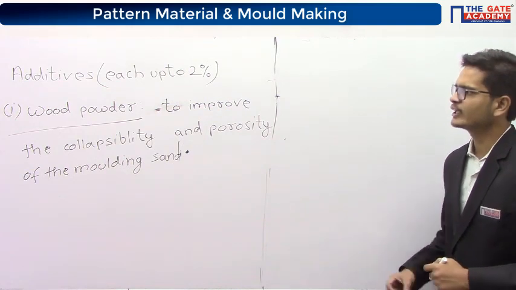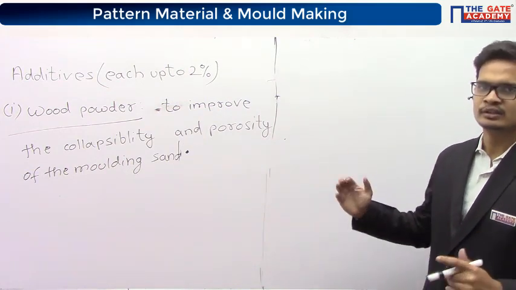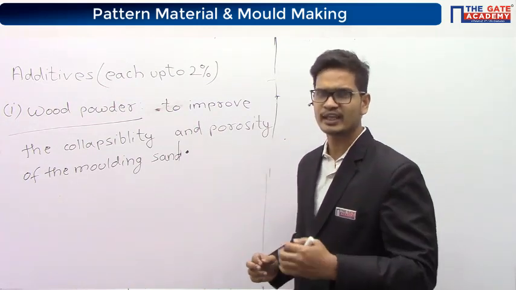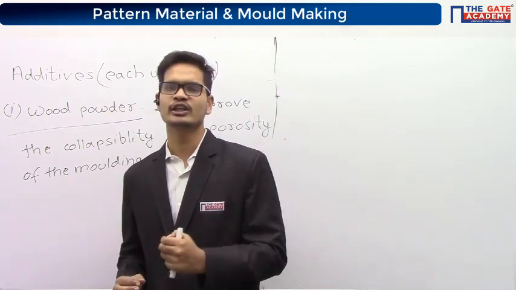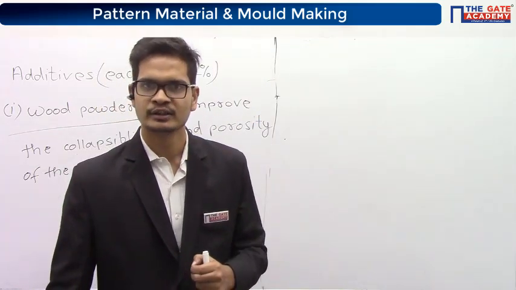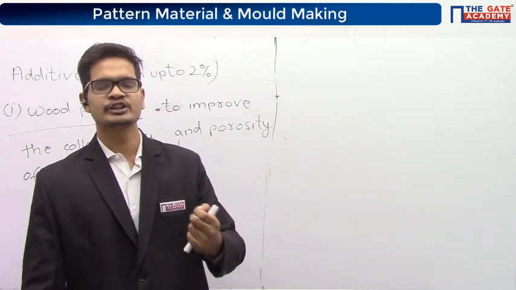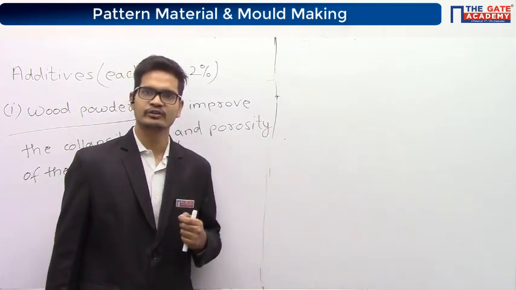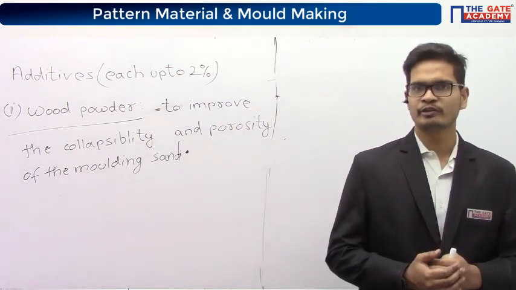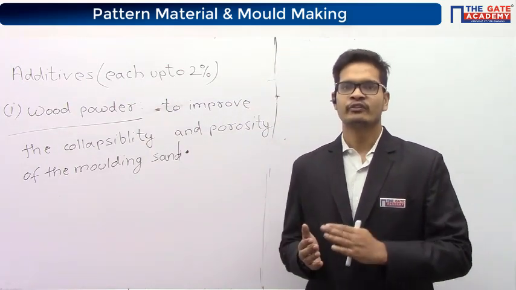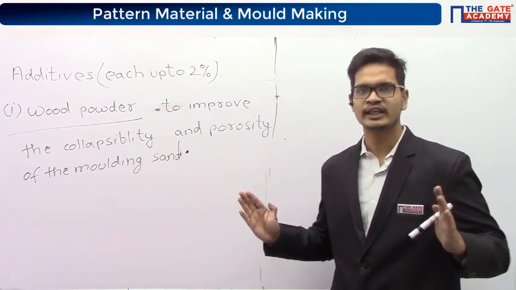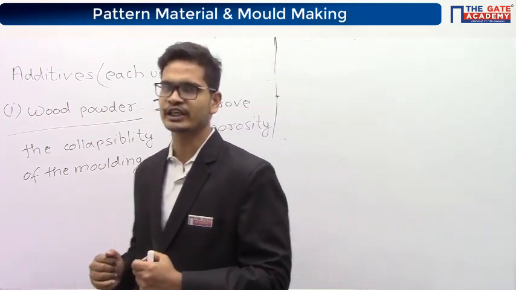Similarly, inside the casting, when the metal is trying to shrink, and if the molding sand is not allowing the metal to shrink, then there will be thermal stresses inside the metal. Because of that, cracks may be formed. So the molding sand should be such that it allows the easy contraction of the casting.